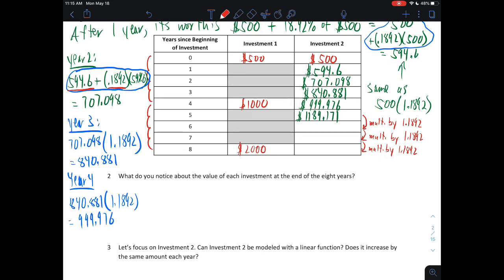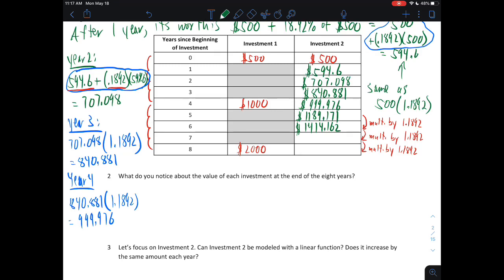So for year 6, for investment 2, 1189.171 times 1.1892. And what we get is 1414.162. And then for year 7, I'll take 1414.162 and then multiply by 1.1892.